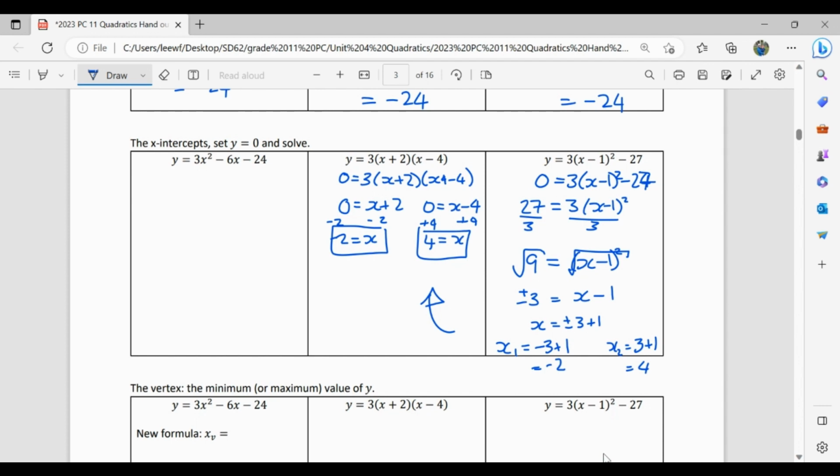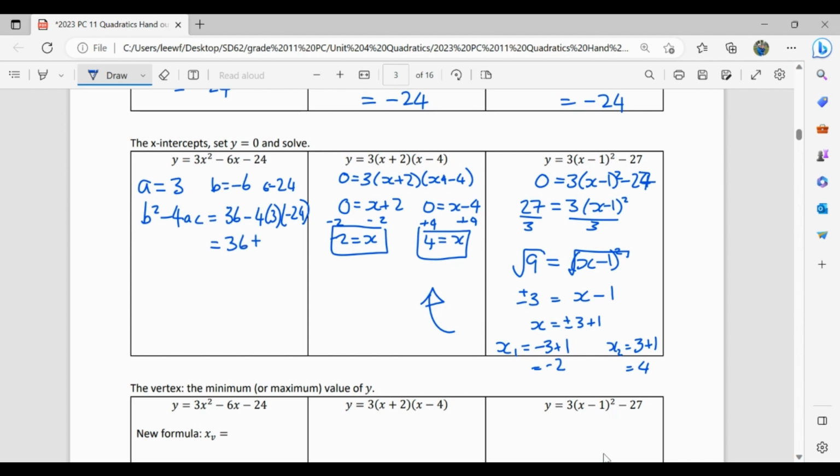And again, we can do it with the polynomial form either by factoring it, or by completing the square, or by using the quadratic formula where we set a equals 3, b equals minus 6, and c equals minus 24. And then we calculate b squared minus 4ac, which is b squared is 36, positive 36, minus 4 times 3 times minus 24.